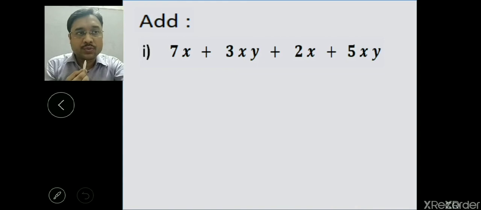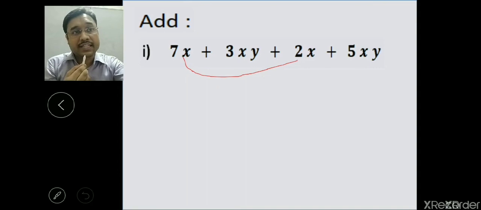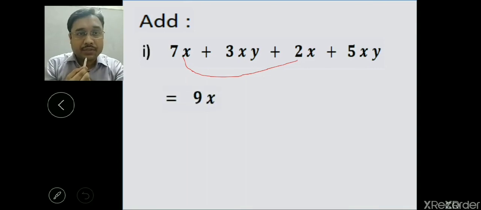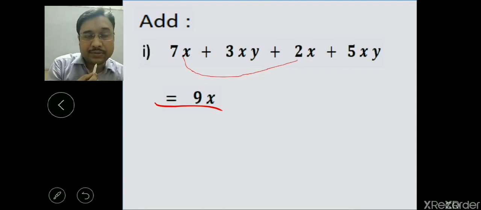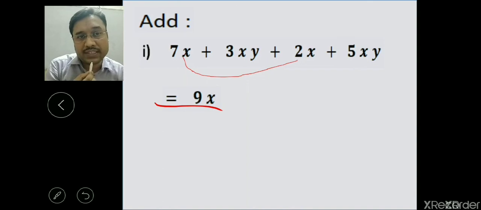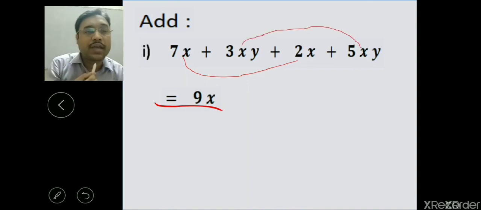So what you will do, you will add 7x and 2x, because they are the like terms. They have the same literal factor, that is x, and 3xy and 5xy. So first you add 7x plus 2x, which is 9x, because they have same literal factors. Now next like terms are 3xy and 5xy, because they have the same variables xy and xy.